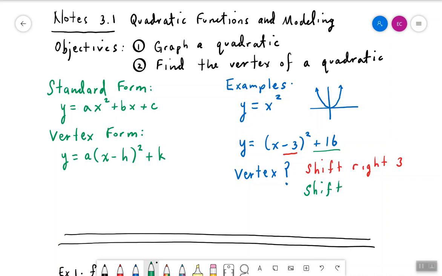shift. So actually the problem that I wanted to do was not plus 16 but minus 16. So let me see if I can find my eraser and my blue pen and change that to a minus sign. Okay, we got it. Okay, so now the minus 16 is outside the basic function, and so that would represent a shift down 16.